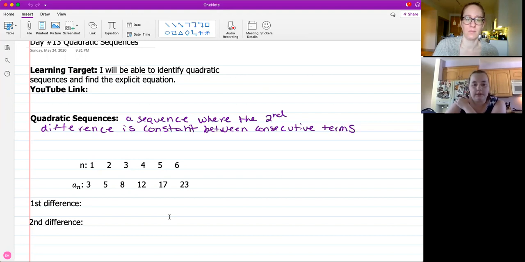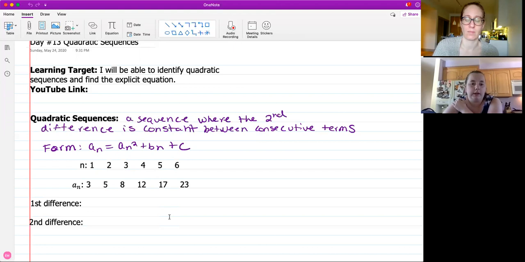So what that means is when we're looking at this, oh, sorry, I jumped ahead. Our form for this is very familiar. You should all know what the form for a quadratic sequence is already. It's a sub n equals a n squared plus b n plus c.